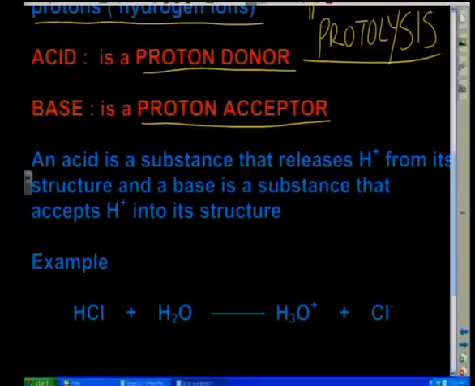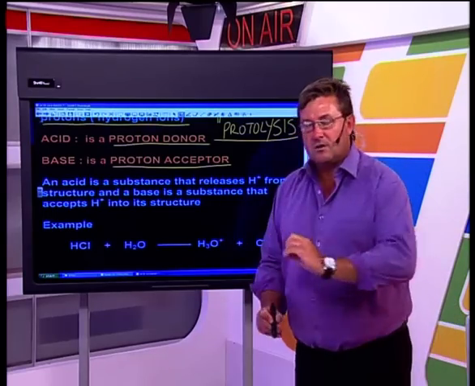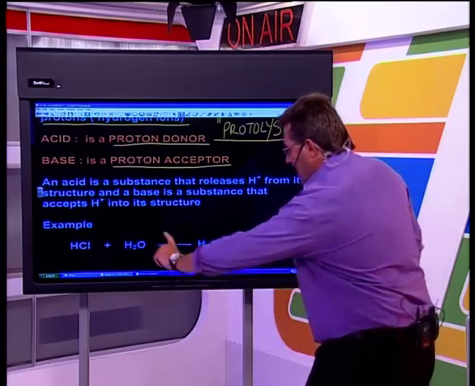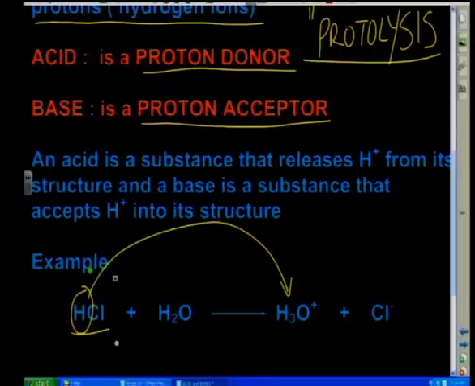So let's now look at the reaction and let's try and track the movement of protons in this particular reaction. Well, here's HCl, okay, and we can see there's a proton, a hydrogen ion, that will be ionized from the hydrochloric acid. And it's going to react with water. Can you see what's happened is that that hydrogen has now moved, it's reacted with water, and it's produced this hydronium ion.